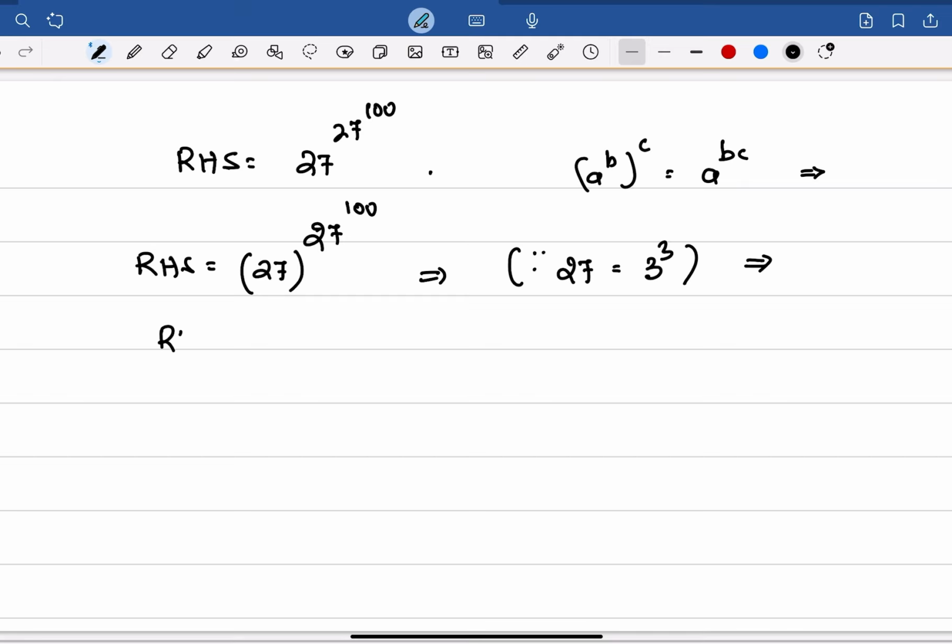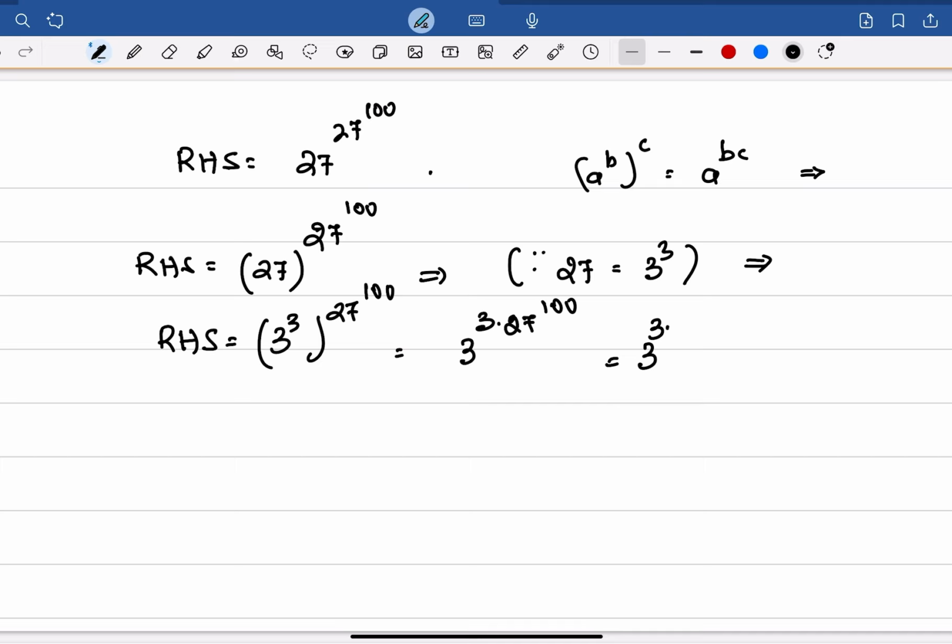Then the right hand side is equal to 3 cube to the power of 27 to the power of 100, which is 3 to the power of 3 into 27 to the power of 100. What is 27 again? 3 to the power of 3. So 3 to the power of 3 into 3 to the power of 3 to the power of 100.